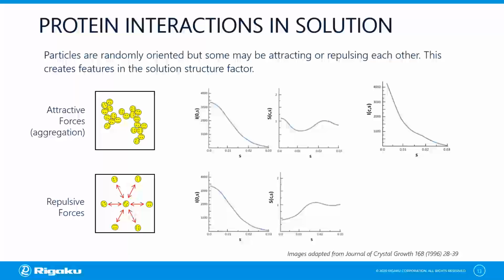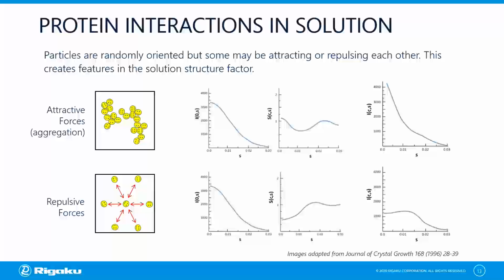Alternatively, we could have repulsive forces. So let's say that we titrate out all of the ions or salt in a solution, and now the charged amino acids on the surface of the proteins cause repulsion of the protein molecules. In this case, again, the form factor is going to be consistent with the shape of the individual scatterers, but now the solution structure factor will be less than 1 at low scattering angle. It'll approach 1 at some point and then oscillate about 1.